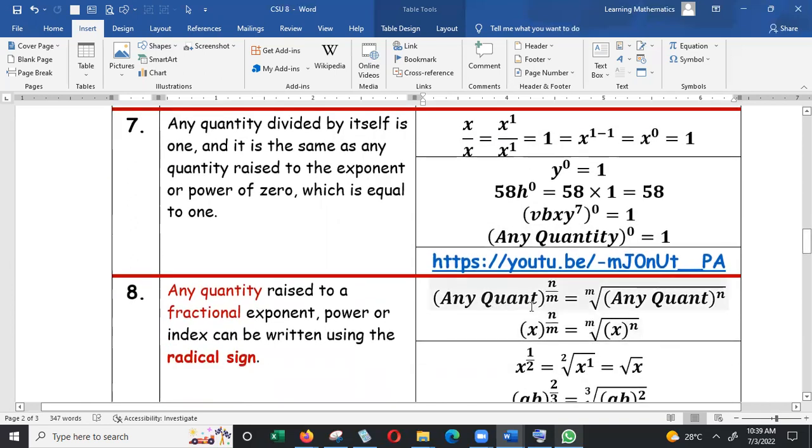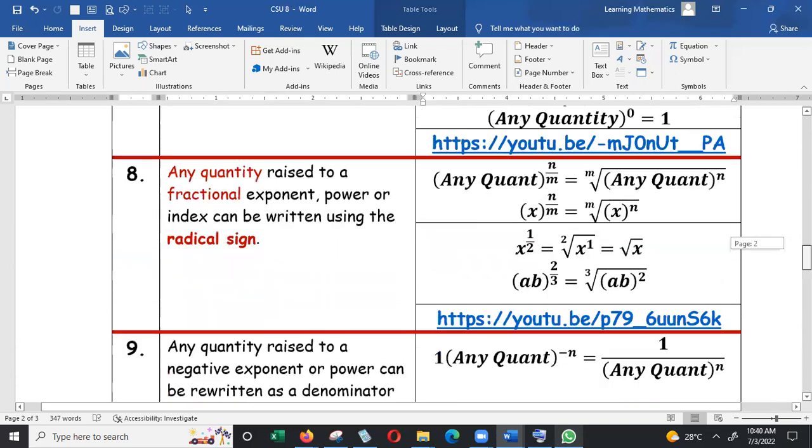Any quantity raised to the power of n over m is equal to the root of any quantity raised to the n with a degree of m. We can start from the right and say any quantity raised to the power of n with a root sign, a degree of m, is equal to any quantity raised to the n over m.